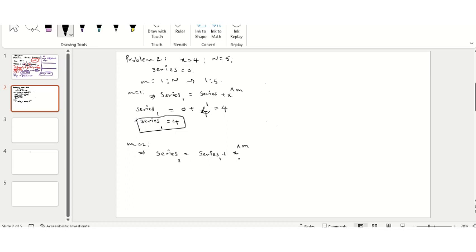So what is the x value? So you will get series after second loop is equal to series 1, which is 4, plus what is the value of x? 4. What is the value of m? 2. Okay. 4 plus 4 square. Next, what is m is equal to 3?